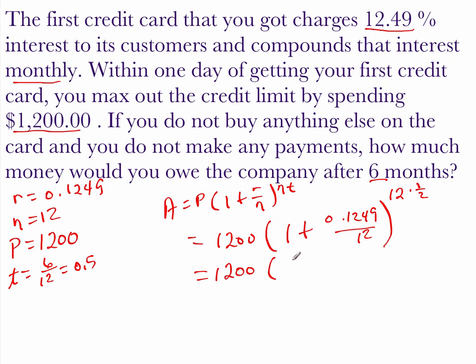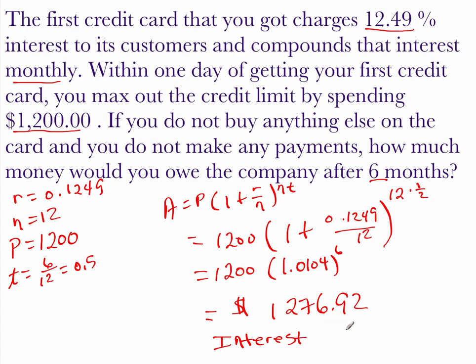Let's do what's in the parentheses. This becomes 1.0104 to the 6th. So my answer, when I multiply this out, is $1,276.92. So basically what this tells you is the amount of interest you're going to pay in these 6 months is $76.92.